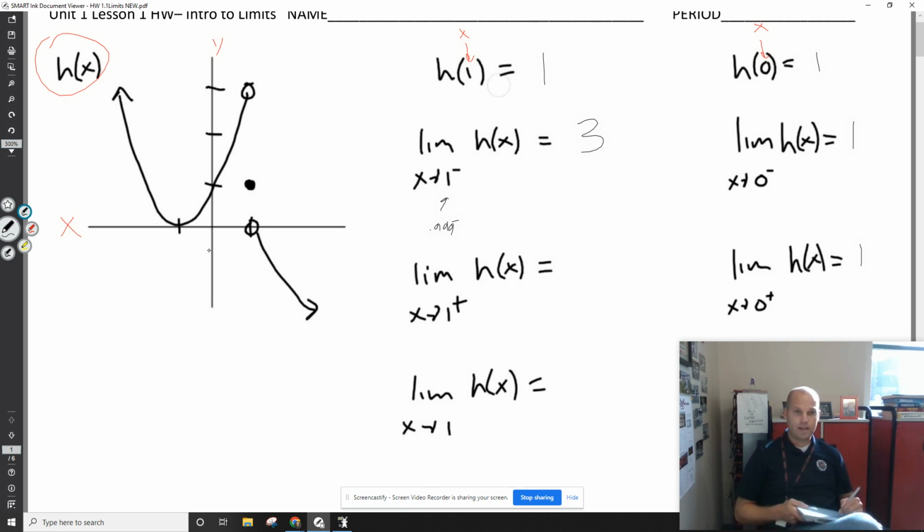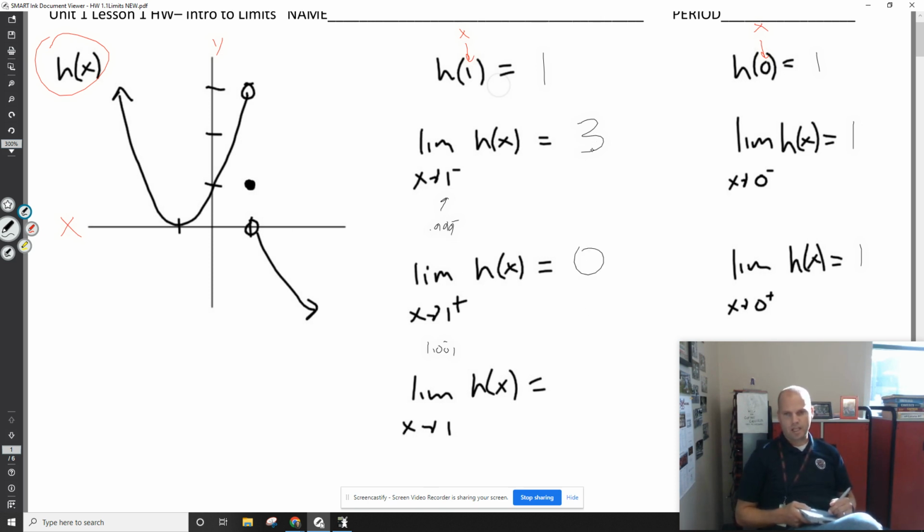If I'm to the right of 1, I'm using this piece. This piece is used for x greater than 1. So if I use 1.001, if I plug that in, I'm going to get really, really close to 1, but from this side. And I see my y coordinates are getting really, really close to this location, which is at 0.